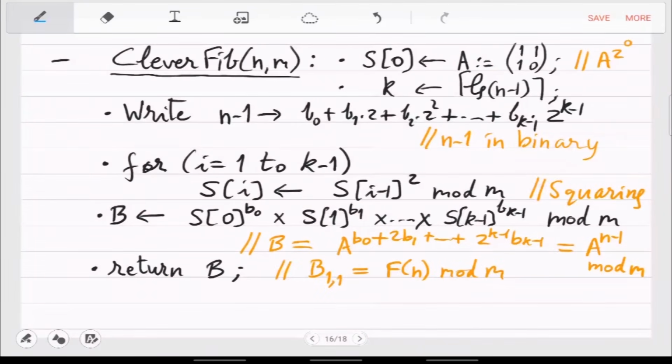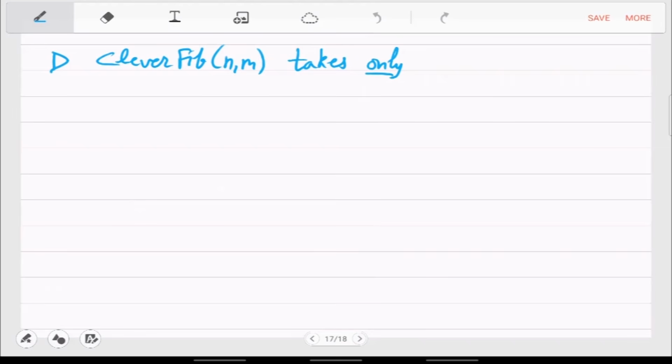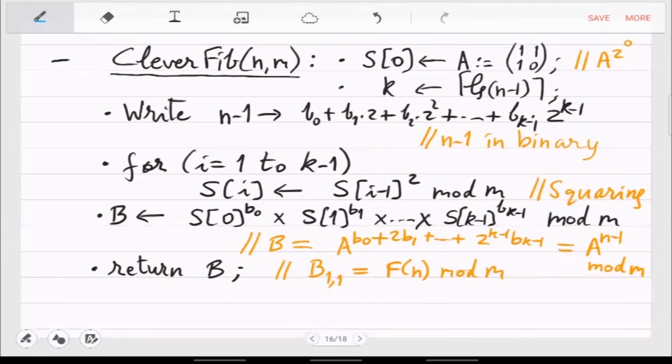So 20 log m times k, where k is log n. So this is the time complexity. 20 log m times log n is the time complexity to compute the last thing in the for loop. To basically cover the for loop, it takes you that much time.